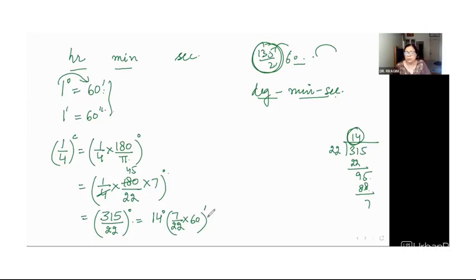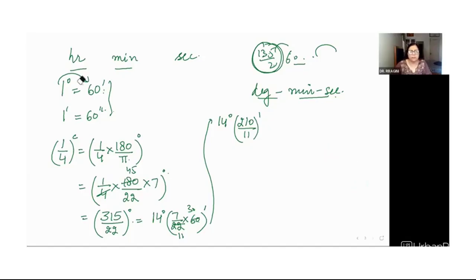Now multiply this by 60, and this will come out in minutes. 2 11s are 22, 2 30s are 60. So I'm writing 14 degrees, 210 by 11 minutes, right?